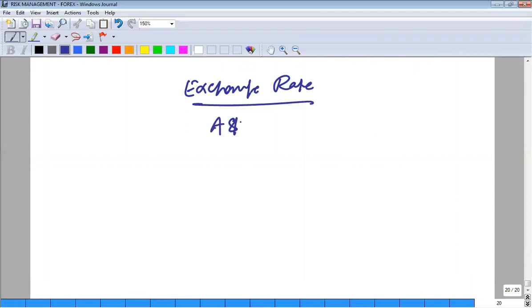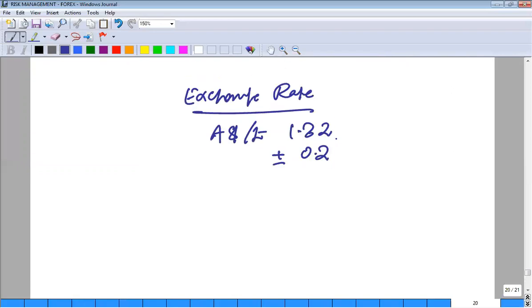For example, Australian dollar per sterling 1.82, and it's mentioned plus minus 0.2. And it's mentioned that local currency is Australian dollar, foreign currency is sterling.